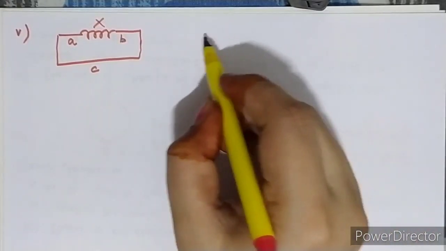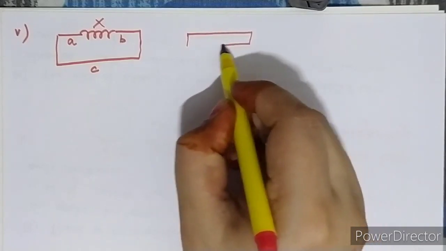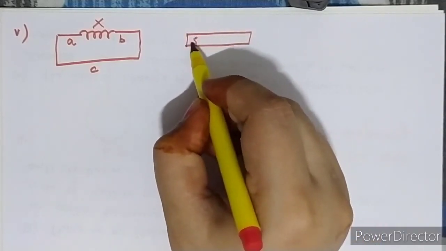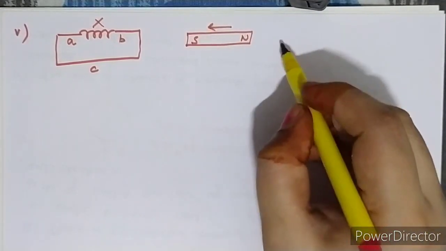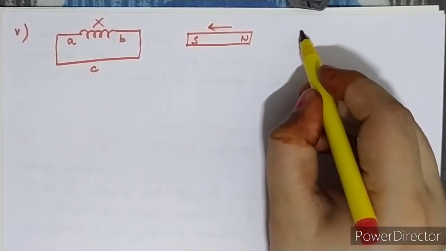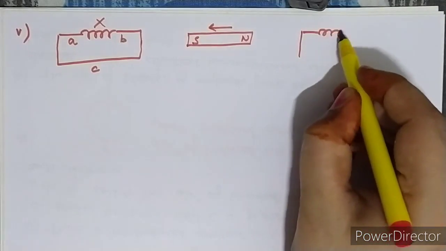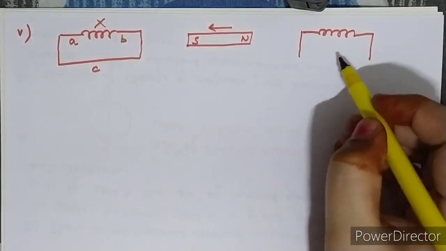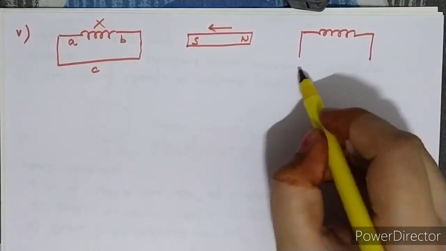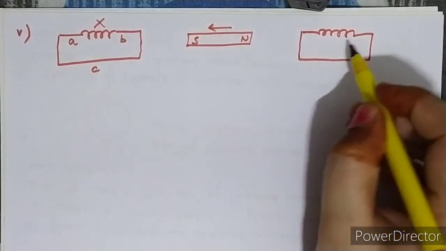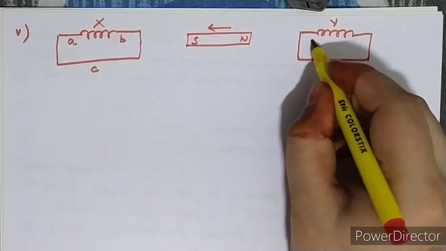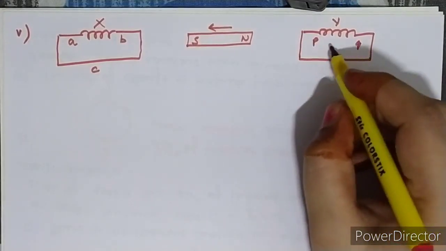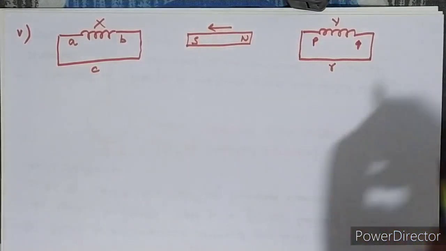Okay, and here one magnet is there, bar magnet S, and direction is in this way, and another coil I am taking here. This coil is of your Y and the name I am given P, Q and R.